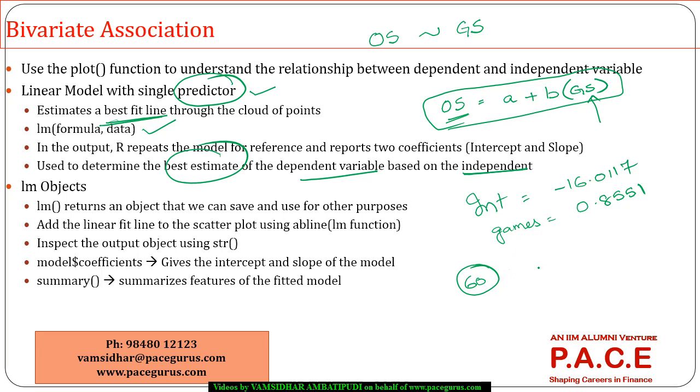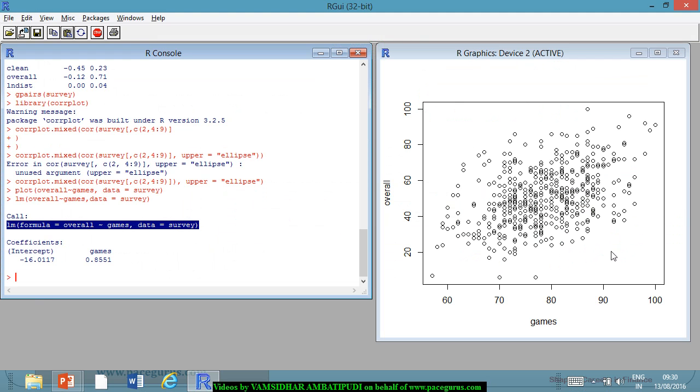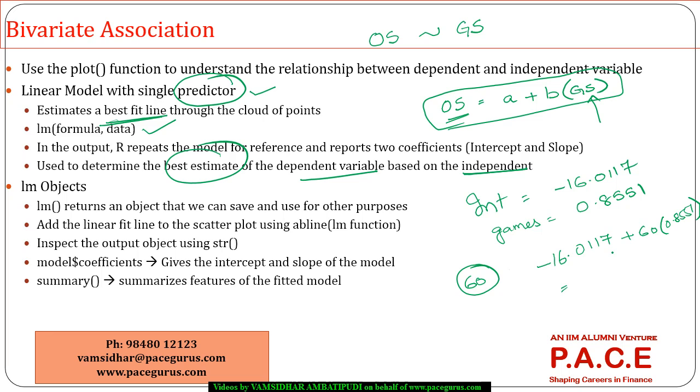Then the way I will get my overall satisfaction is minus 16.0117 plus 60 multiplied by 0.8551. Whatever this number is, this is the number that we allocate for the estimate. That's the best estimate of the overall satisfaction that we can give based on the satisfaction for the games.